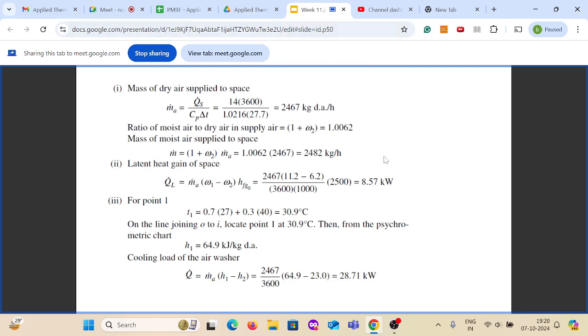This week we generally focused on mixtures, basically the air and water vapor mixture, and we did some psychrometric processes and how to estimate the different properties when two of the properties are given, and some examples on humidification, heating, cooling and humidification, and this example where your air is getting mixed in an air conditioned space.